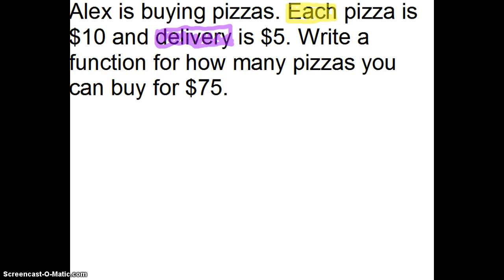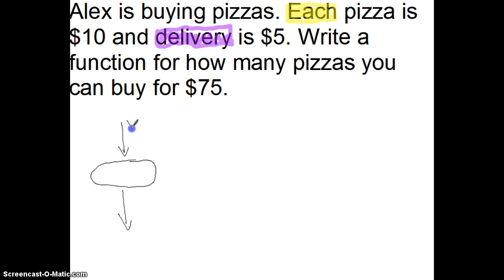And then it says, write a function, in other words, an equation, for how many pizzas you can buy for $75. So I need to very quickly summarize what my variables are here. Each pizza is $10.